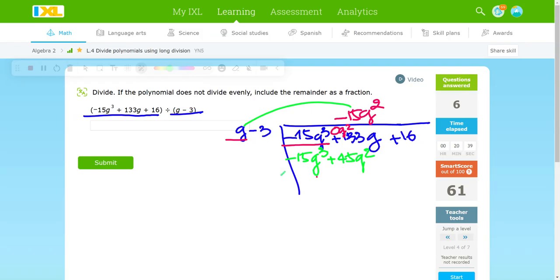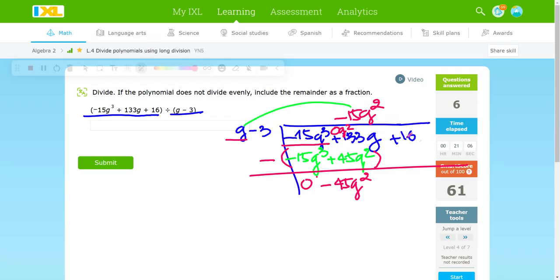So now you put in parentheses and you subtract. So negative 15g cubed subtract negative 15g cubed, that's a 0, all right? And then the g squared, you don't have it, and then you subtract with 45g squared. You become negative 45g squared, all right? So that's the tricky part.